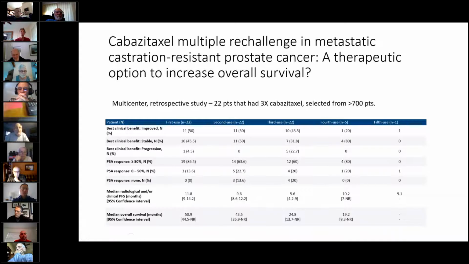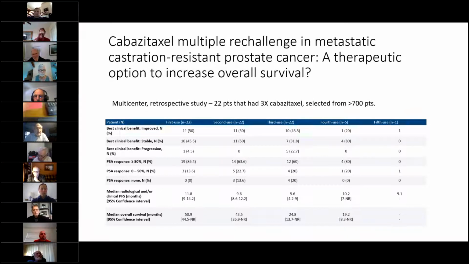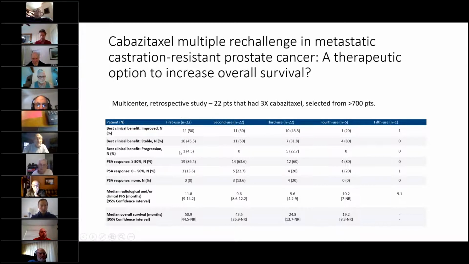Next slide. Okay, so the next slide is basically a retrospective study, not very many patients selected from a huge number of patients, where they repeatedly challenged with cabazitaxel and found best clinical benefit improved, stable. This is the percentage of 22 patients.